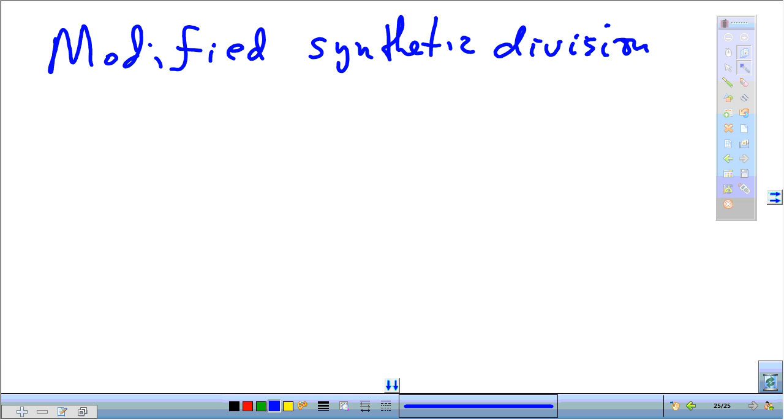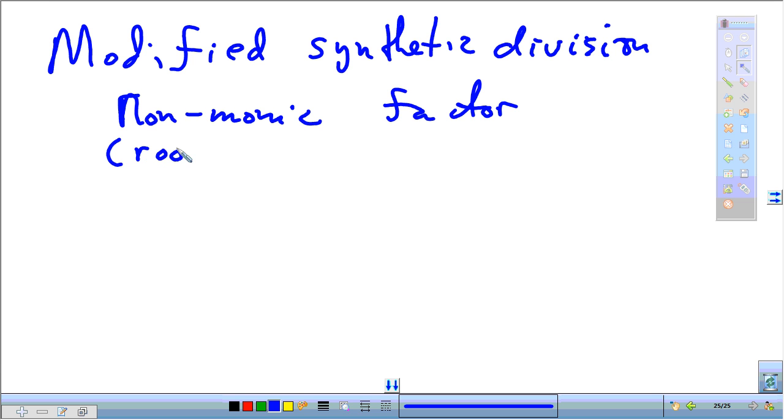Now, if we have a root that's a fraction, or a factor that's not monic, we could take the fraction root and perform what I did with synthetic division as in the last example.